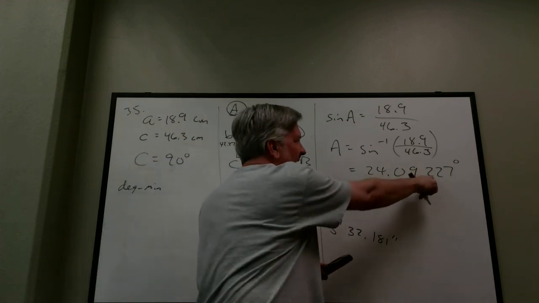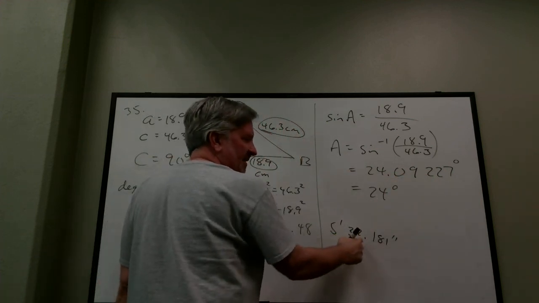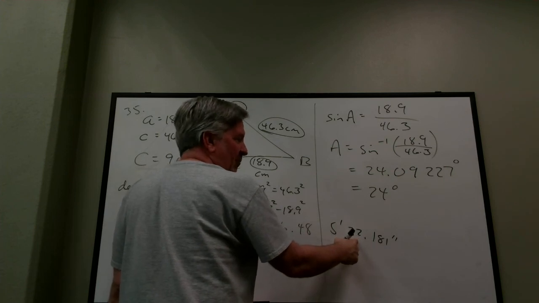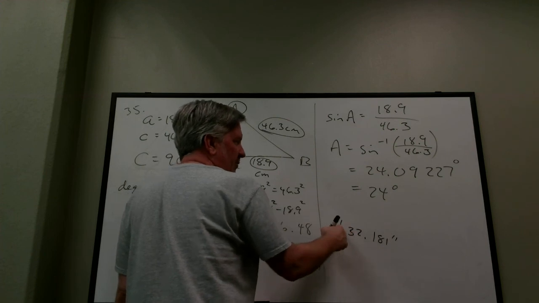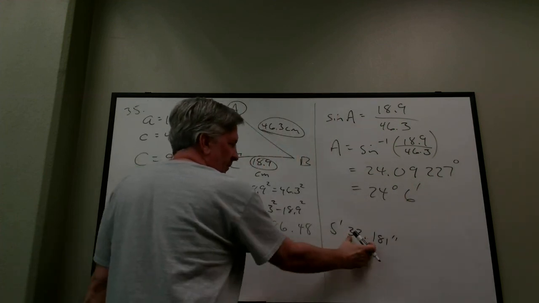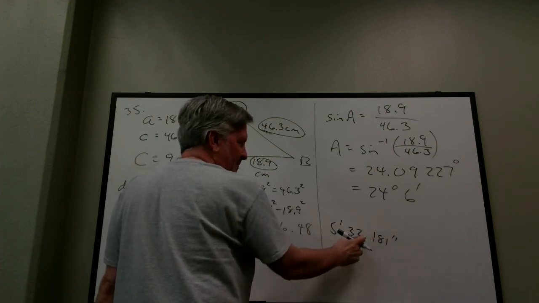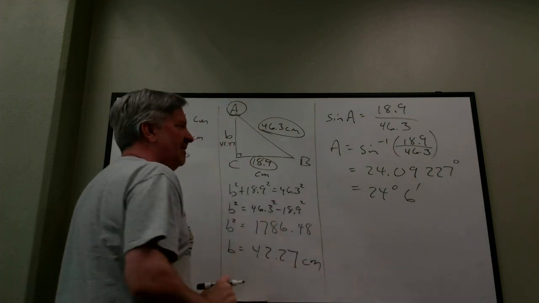I didn't type that, I used the whole thing, more decimals even. 32 seconds is more than 30 seconds, which is halfway, since 30 seconds is half of a minute, so I have to round up to 6 minutes. So that's the answer they want there.